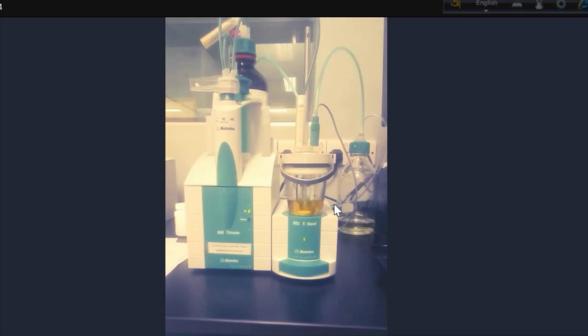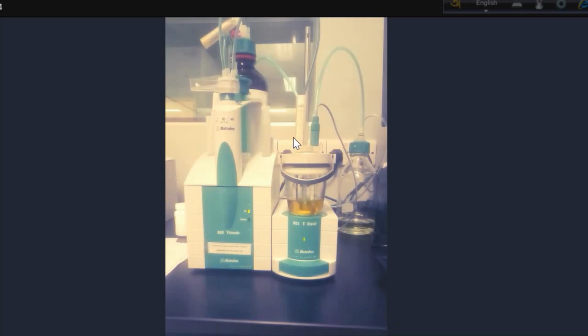The sample being tested, which may contain trace amounts of water, is introduced into the titration cell, and the water in the sample reacts with the iodine to produce iodide ions and hydronium ions.